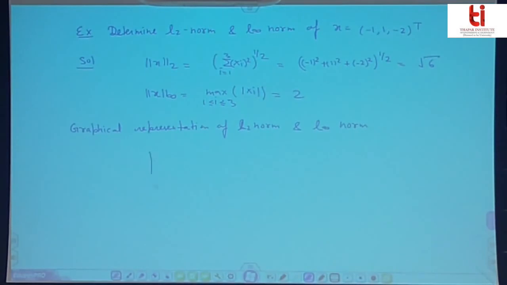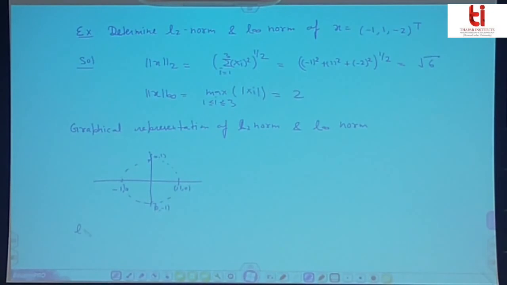Suppose we are taking 1 0, this point is minus 1 0, this is 0 1, this is 0 minus 1.